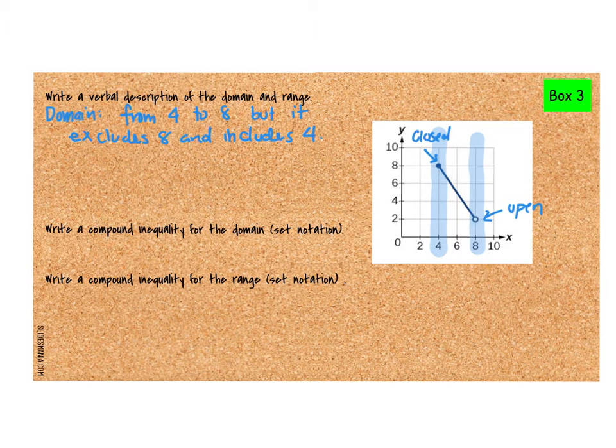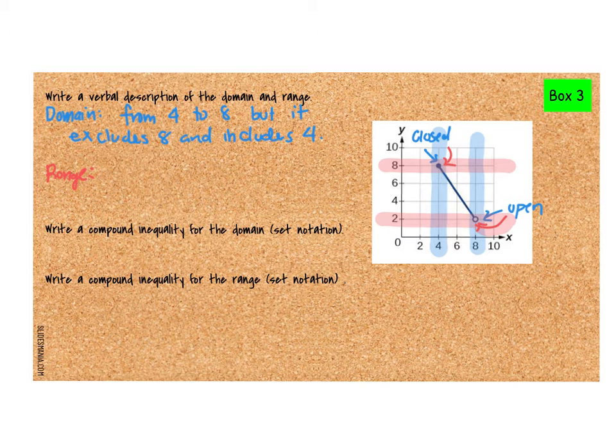My range follows the same idea, but this time we're talking about up and down basically. So the lowest point is at 2 and the highest point is at 8. And the same thing follows as before. It just happens that we have an open circle here, and a closed circle here, right?